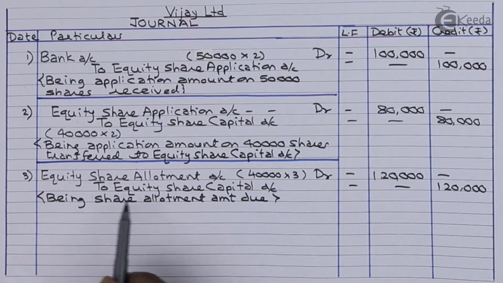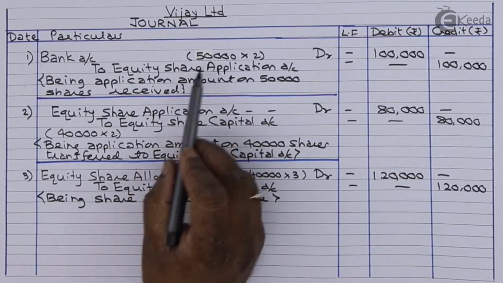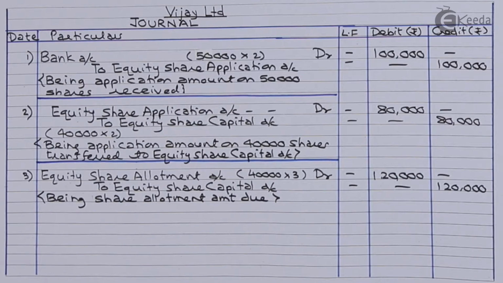We are going to allot 40,000 shares. Shareholders have applied for 50,000 shares. So there has been extra application for 10,000 shares. On 10,000 shares, per share 2 rupees we have received, that is 20,000 as excess application amount. This amount will be applied towards allotment.